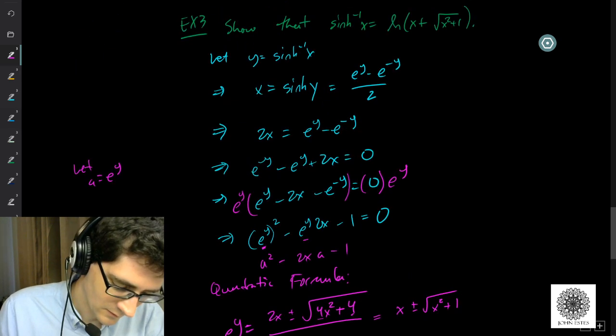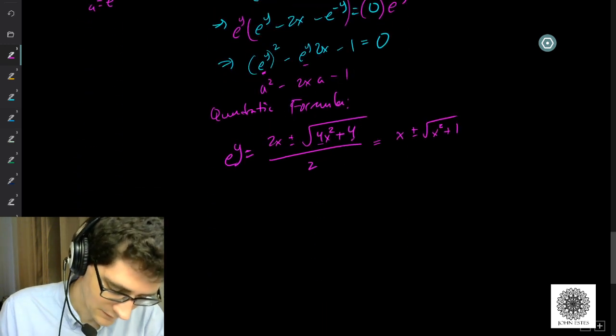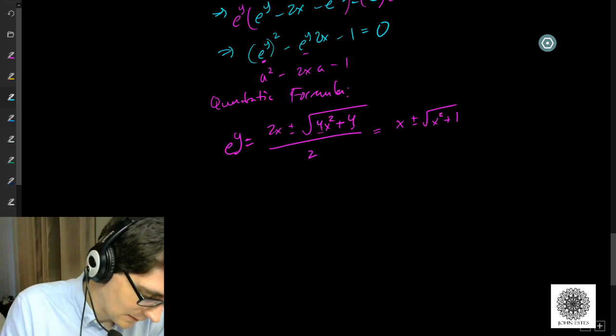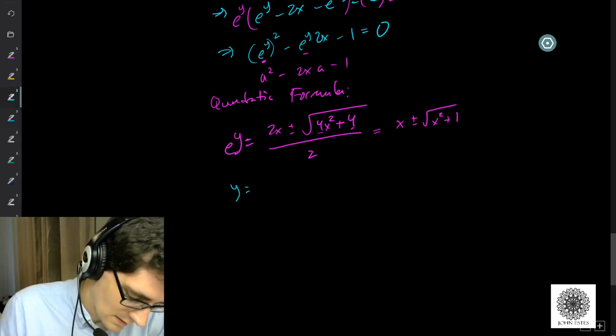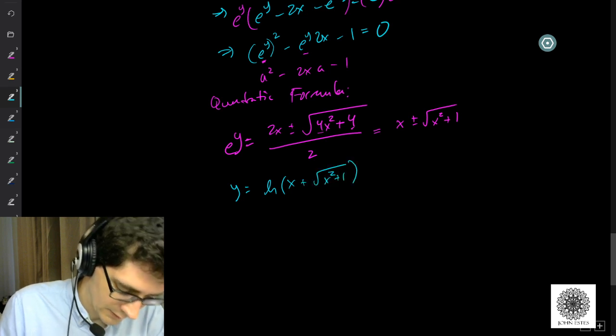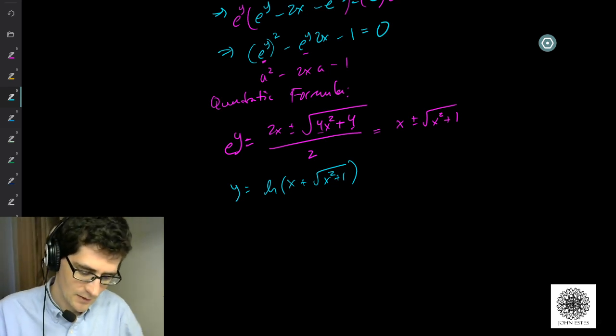Now, thinking back to what I started with, here it is. I have e to the y equals that. So taking the ln of both sides, y equals ln of x plus square root of x squared plus 1. What happened to the x minus square root of x squared plus 1?